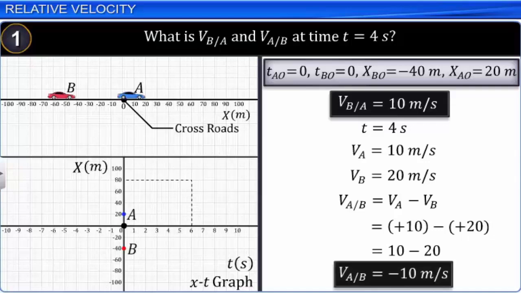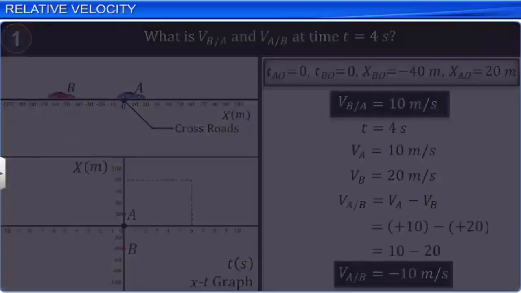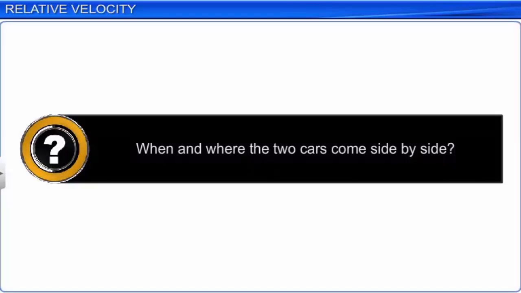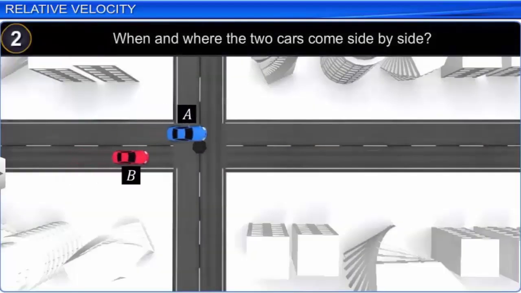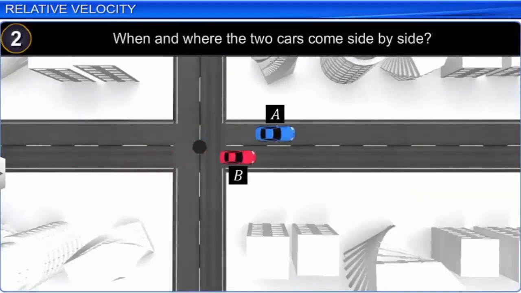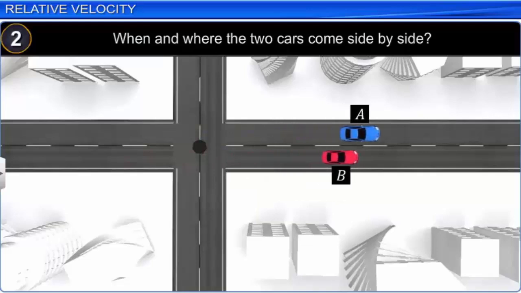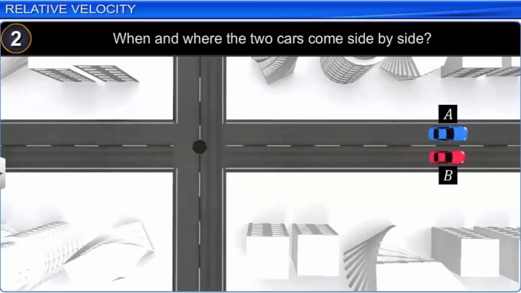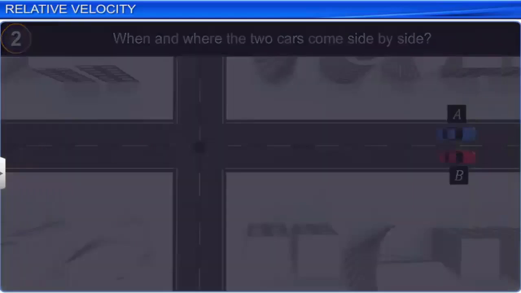2. When and where the two cars come side by side? When the cars A and B come side by side, their position coordinates with respect to the origin must be the same. That is, XA is equal to XB.